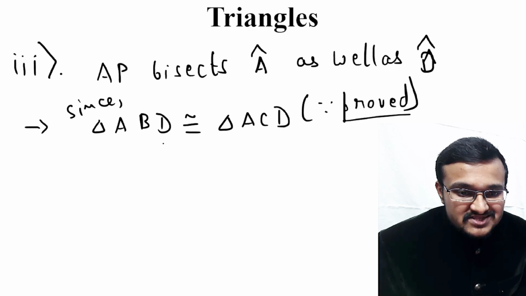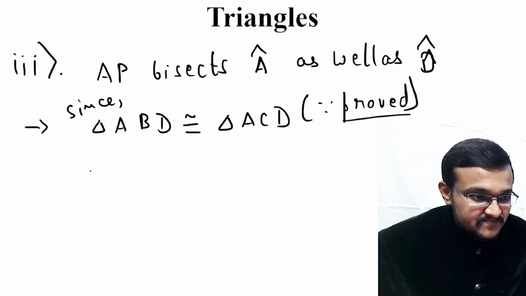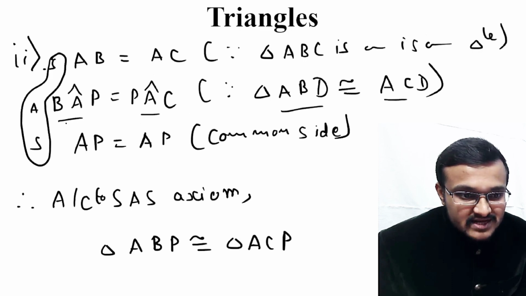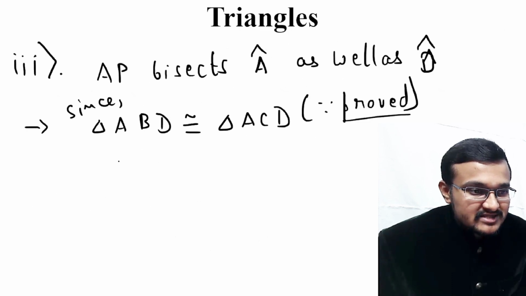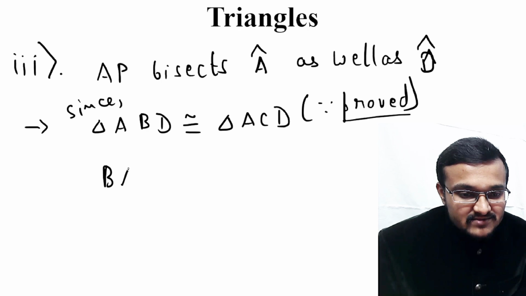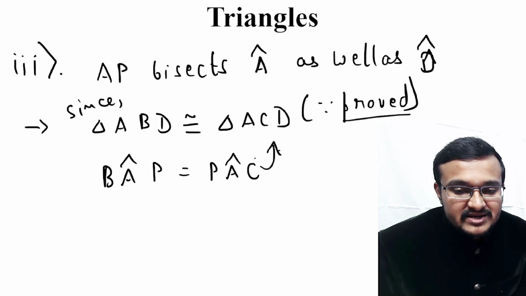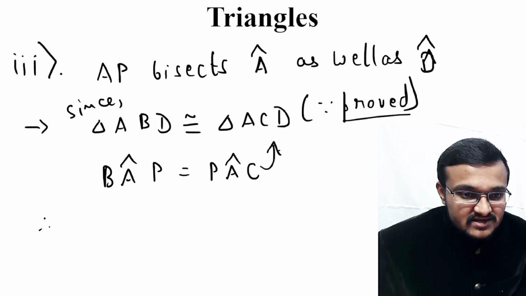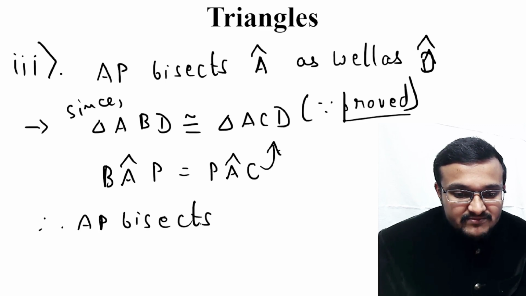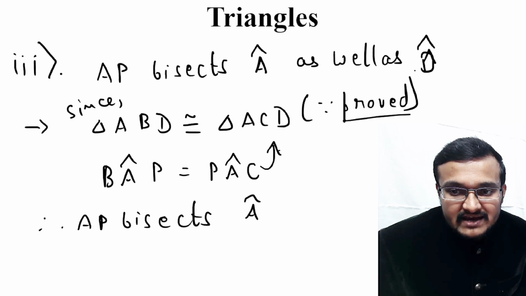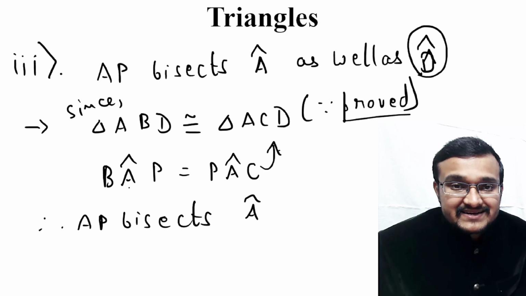So now because these two triangles are congruent with each other, in the previous question itself we showed that angle BAP is equal to angle PAC. This is because triangle ABD and triangle ACD are congruent. So therefore AP bisects angle A. Now we have to prove that AP bisects angle D also.